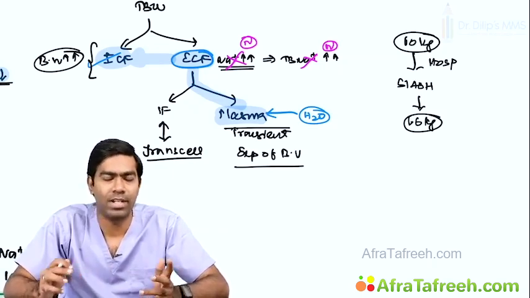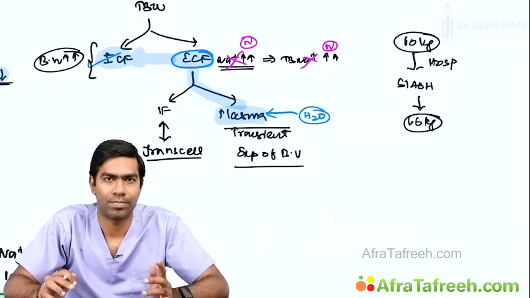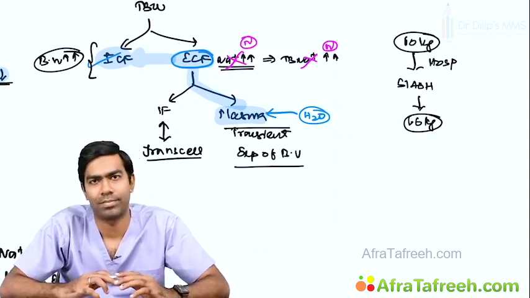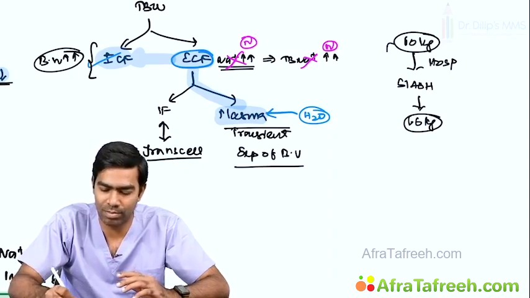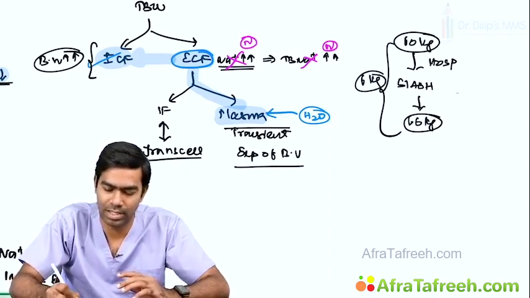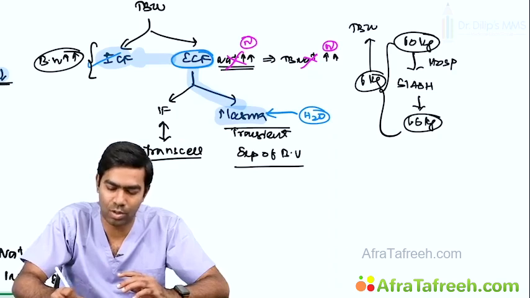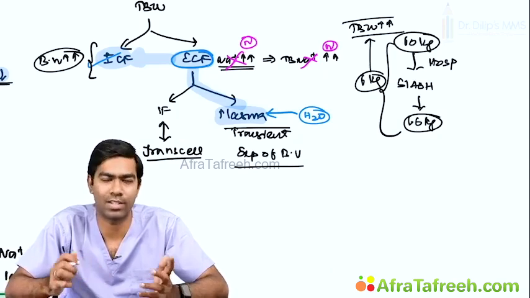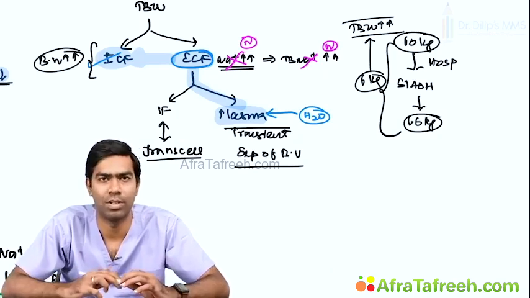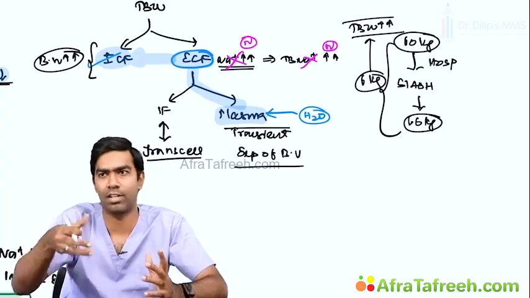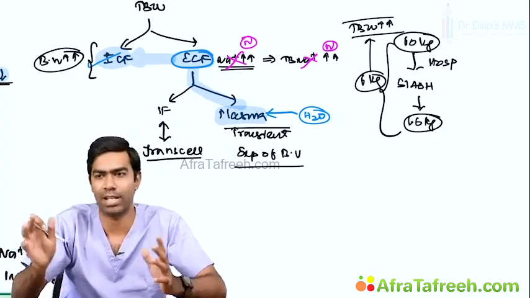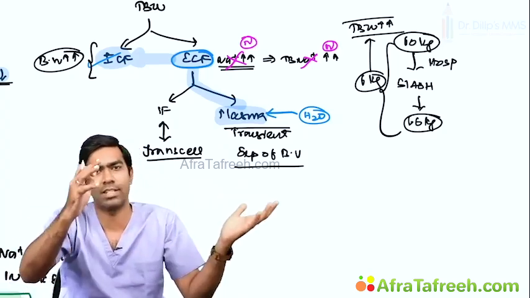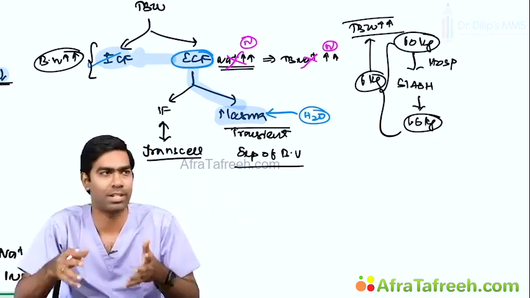If he gets to 66 kilogram, what does it mean? This excess 6 kilogram that he has gained is the excess total body water he is having. That is the increased total body water, which means all of this is actually locked in the plasma and the ICF only. So plasma initially will expand and it is going into the ICF. So plasma is expanding initially and ICF is expanding. So this excess water is in the plasma and the ICF only.